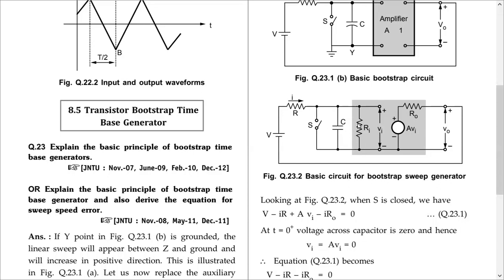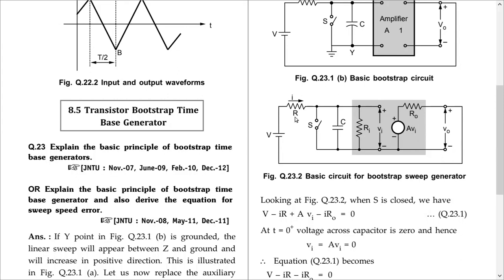Current doesn't flow through these components. Whatever current we get here, it comes in this path, then it flows like this, okay. So the path is V, R, switch, then this AV VI, then R naught, okay.